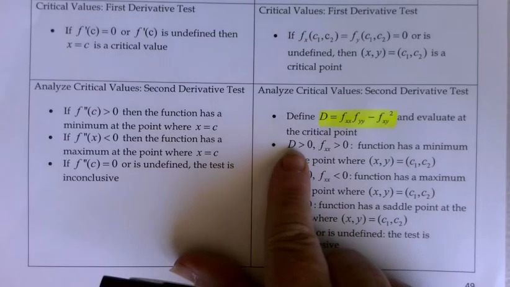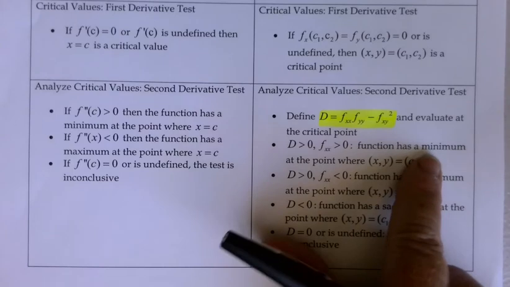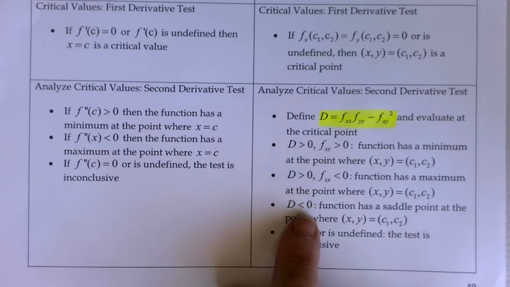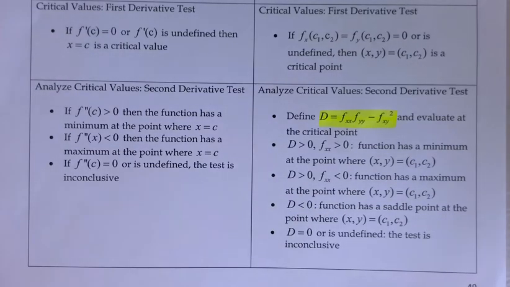A positive D and a positive f sub xx gives us a minimum. Positive D with a negative f sub xx gives us a maximum. A negative D value is what we're going to call a saddle point. We'll talk a little bit more about that later on. And then if D is 0 or undefined, our test is inconclusive.